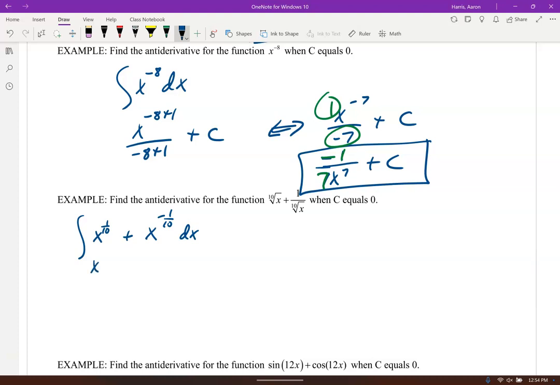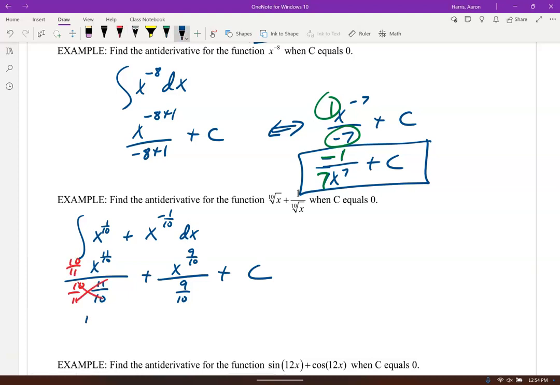And so we've got x to the 1/10 plus 1, so that's 11/10, all over 11/10, plus x to the negative 1/10 plus 1, x to the 9/10, all over 9/10, and this is plus a constant. Well, I'm dividing by a fraction, so I'm going to multiply by the reciprocal, so times 10 over 11, right?